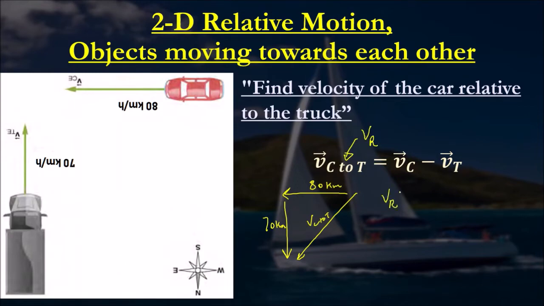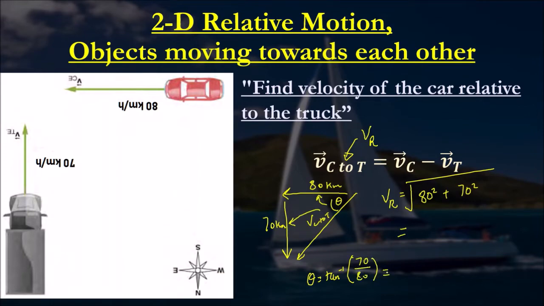So the relative velocity we have here is the square root of 80 squared plus 70 squared. Okay, and I'll do the answers in a second because I don't have the calculator right next to me. And because this is our relative angle here, theta is equal to inverse tan, so that's our adjacent side, and that's the opposite side, so it's 70 over 80.